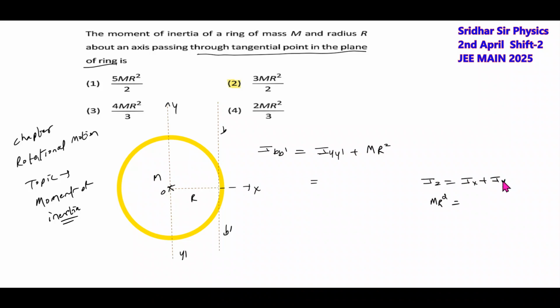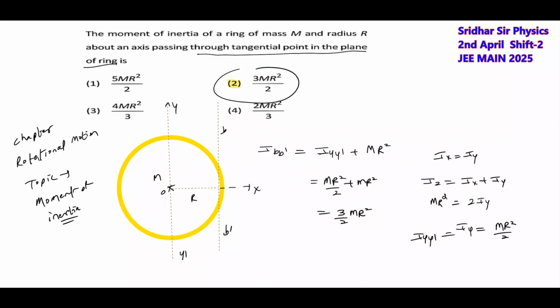And about the x and y axes, it will be symmetric, so 2 I_Y. So I_Y is equal to mr square by 2, which is nothing but I_YY'. This is mr square by 2 plus mr square. Total it will be 3 by 2 mr square. This will be our answer.